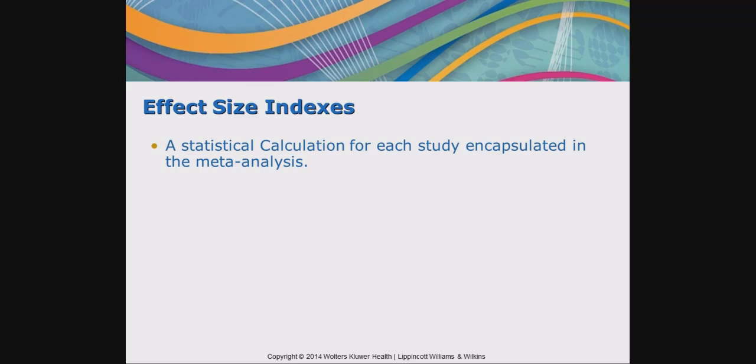And the effect size indexes are a statistical calculation that examines the relationship between independent and dependent variables in each study used in the meta-analysis. For example, with those 13 studies, there were 13 independent variables and 13 dependent variables, and those are put together in a statistical test.